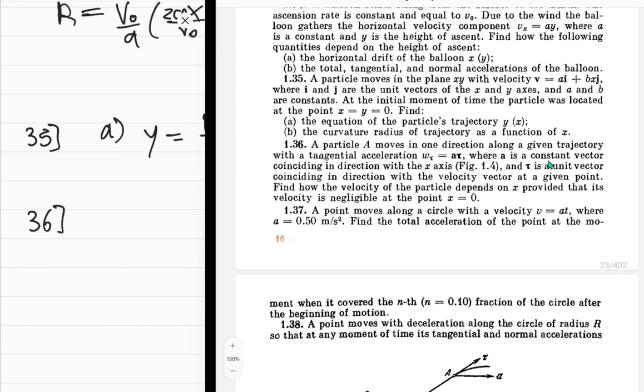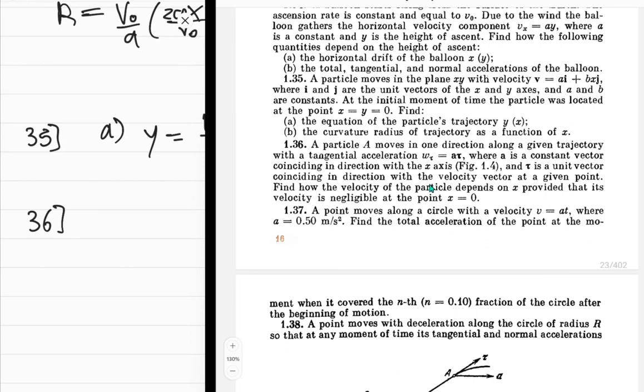A is a constant vector coinciding in direction with the x-axis. And tau is a unit vector coinciding in the direction with the velocity vector, at a given point.